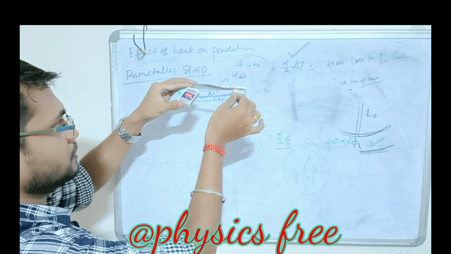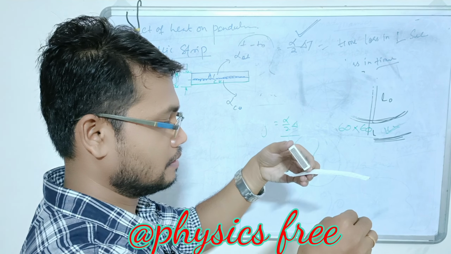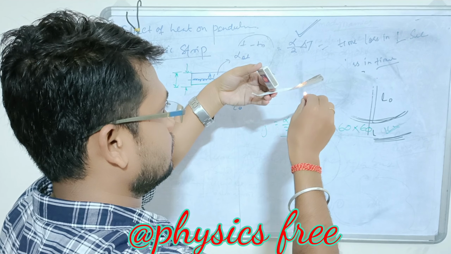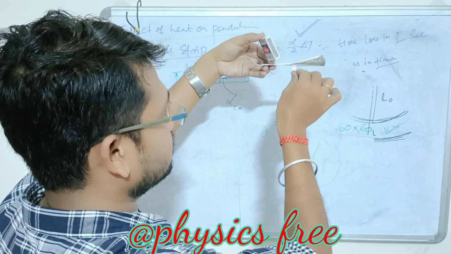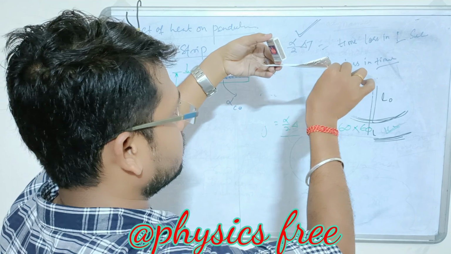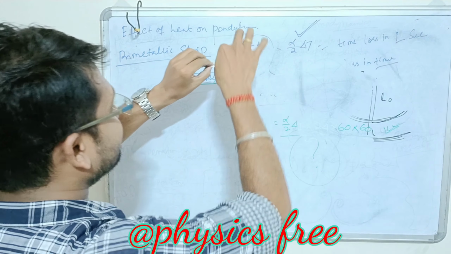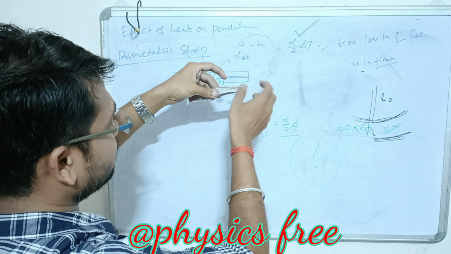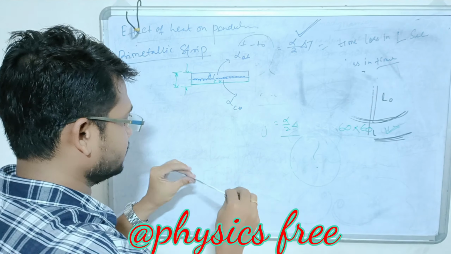It starts moving. Just see, it starts bending in the upward direction. That means what? The alpha of this aluminum is trying to push in this direction.